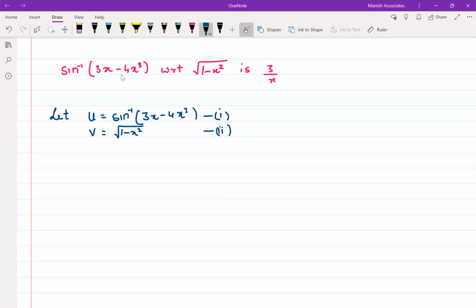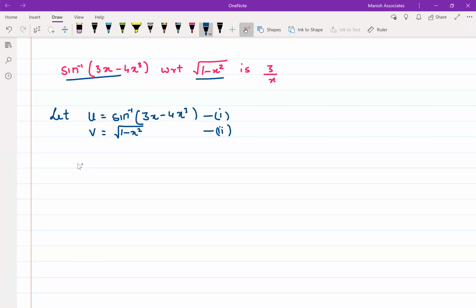Clear? Now they say find the derivative of first function, which is sine inverse, with respect to second function, which is root of 1 minus x square. Since I have named the first function as u and the second function as v, I have to find derivative of u with respect to v.